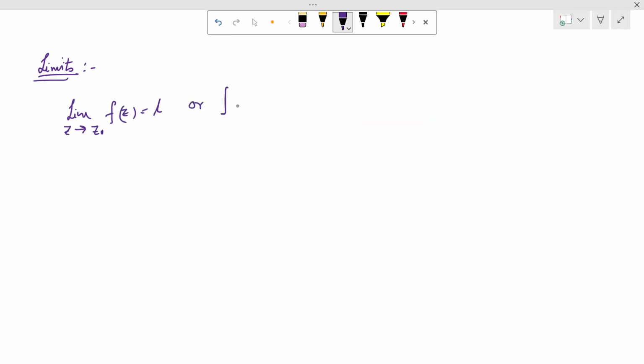It implies that f of z tends to L as z tends to z naught. And tends to means what? The distance between f of z and L can be made as small as possible whenever the distance between z and z naught is made smaller.